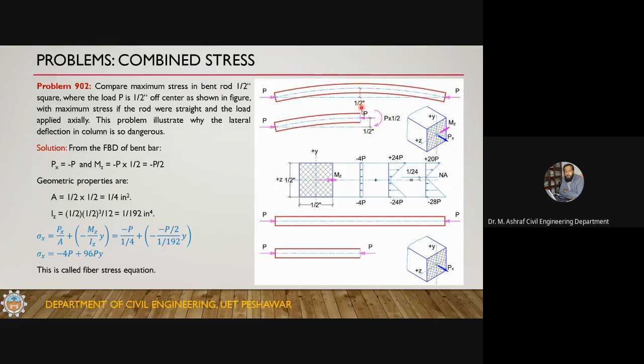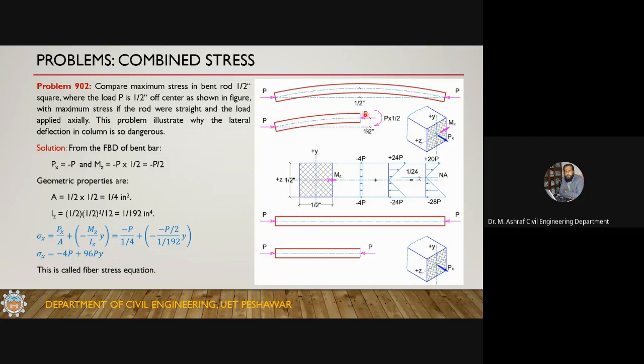If you are taking a moment to the right of a section, and that is a clockwise moment, then that clockwise moment is considered a negative moment. So this section is subjected to an axial force Px equal to minus P, and a bending moment equal to minus P into half, meaning minus P by 2.